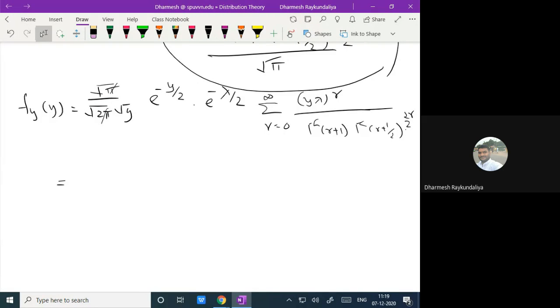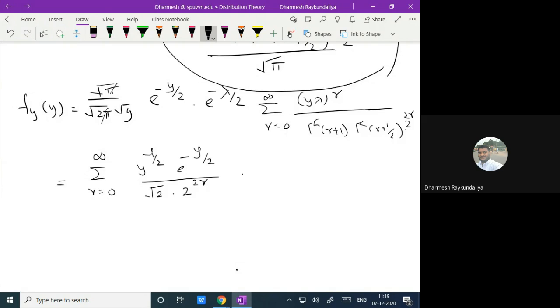If we write the terms of lambda together and y together, what can we get? Summation r equal to 0 to infinity. This is y raised to half; it is in the bottom, so it is y raised to minus half, e raised to minus y by 2, upon root 2 into 2 raised to 2r.